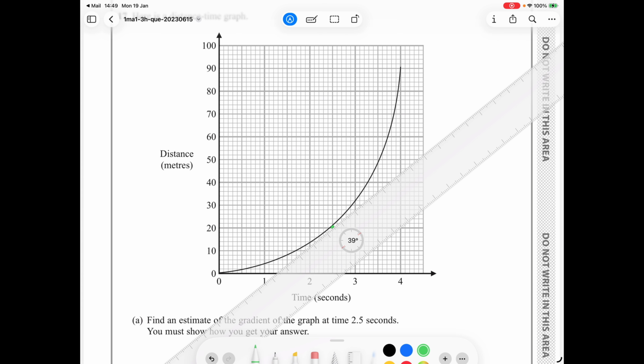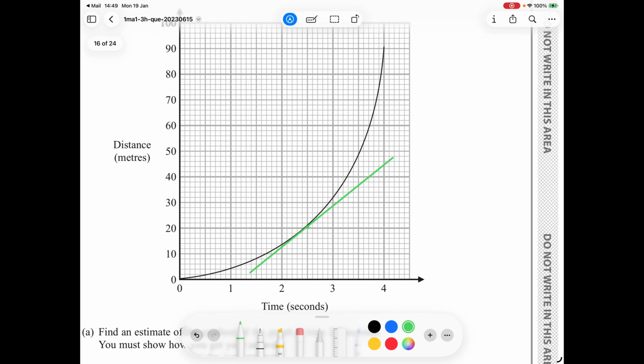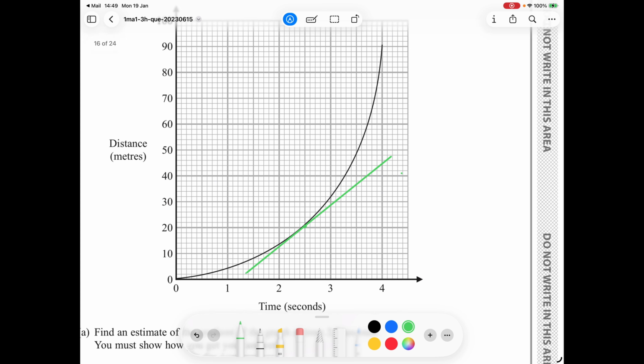That strikes me as being about right. So let's just do that. And then I'm just going to put that back. Let's just see where you get something that crosses. Okay, it's not perfect.